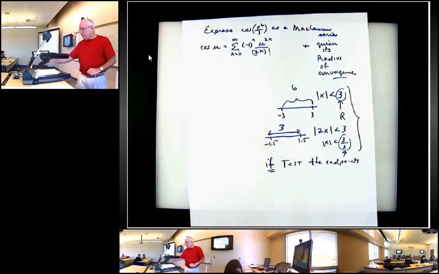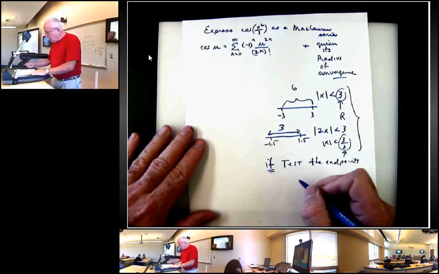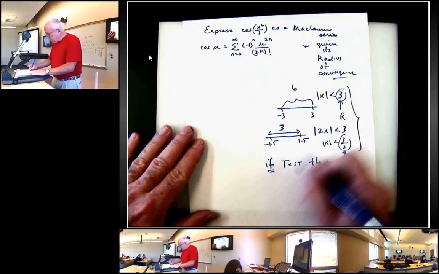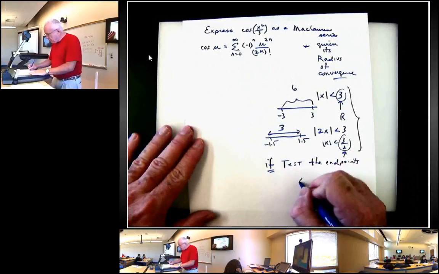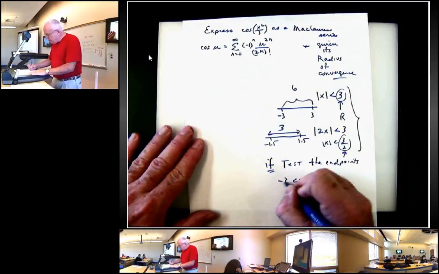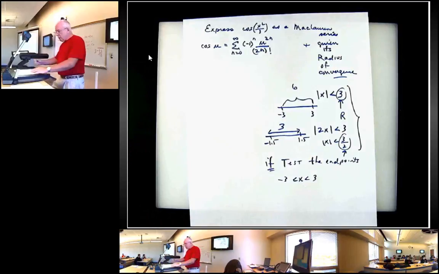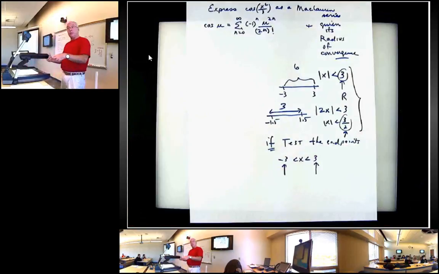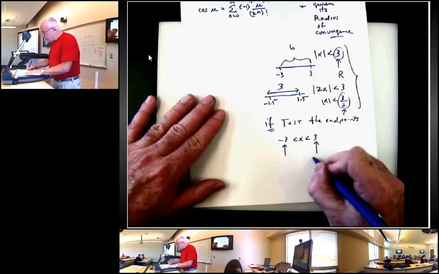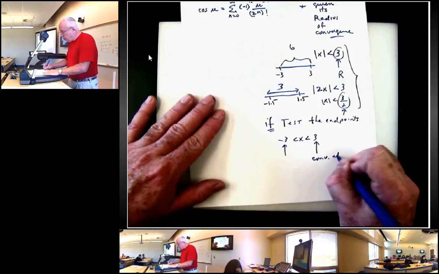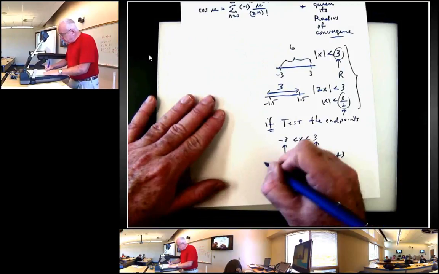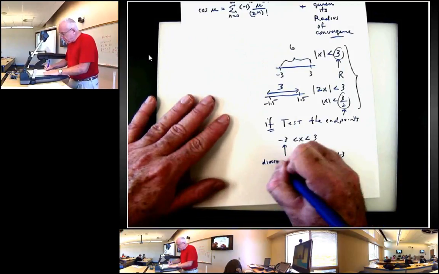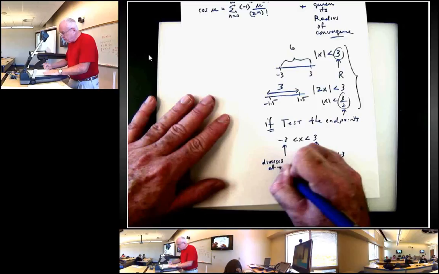Say for this one, we're talking about absolute value of x less than 3, greater than minus 3. So we would have to test 3 and negative 3 in our series to see if it converges at either one of those. Let's suppose it converges at 3 but diverges at negative 3, just for instance, as an example.